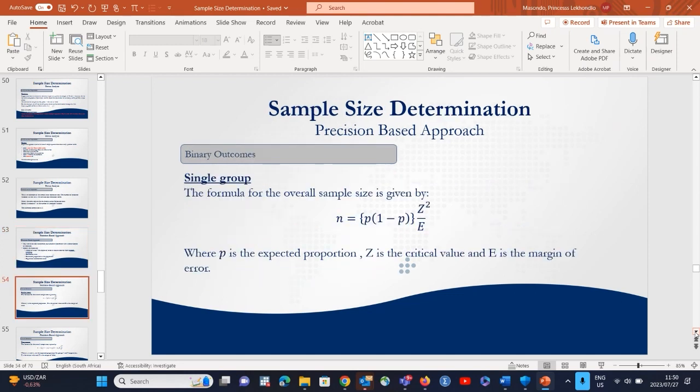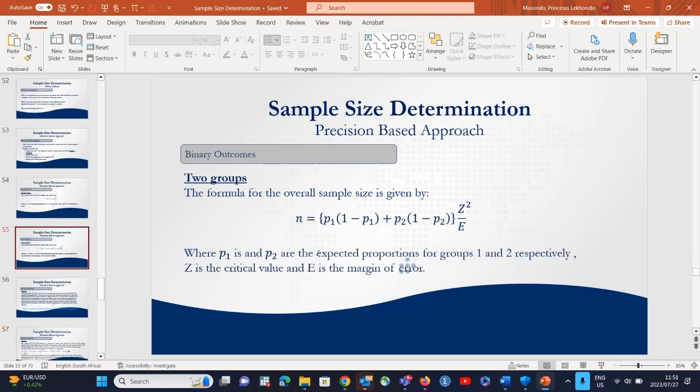So this would be a formula for a single group, meaning that you are just estimating maybe a prevalence for a population. So you're just looking at one group, maybe the prevalence of something at UNISA. And then you can also have more than one group.